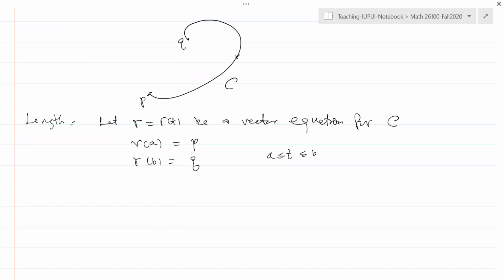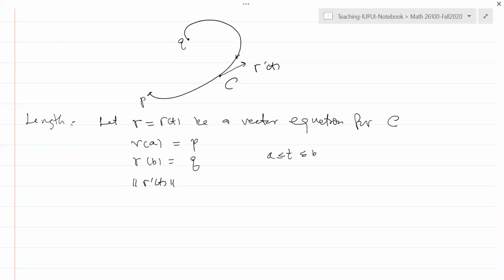Then for every t, you have a tangent vector, right? And the length of the tangent vector, it does not necessarily have to be a unit vector.